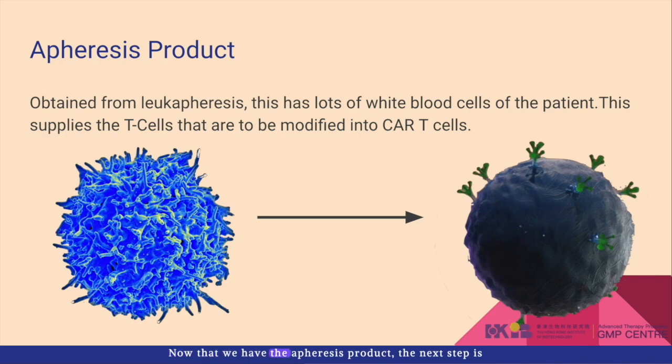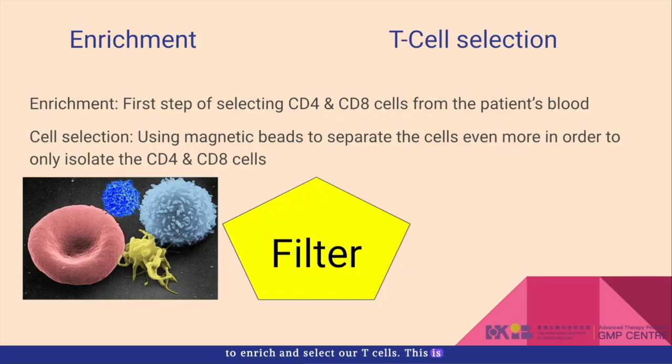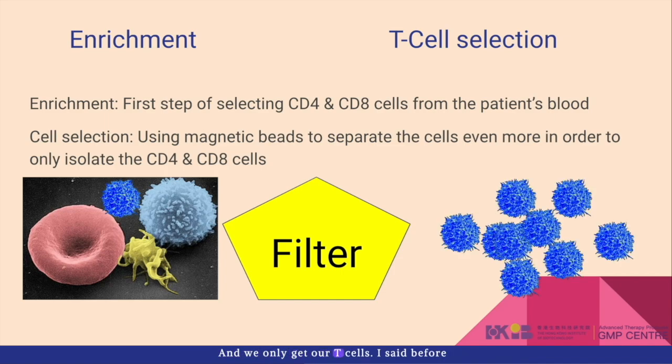Now that we have the apheresis product, the next step is to enrich and select our T cells. This is basically the step where we filter out all the cells that we don't want and we only get our T cells. As said before, in our bloodstream we have tons of red blood cells, platelets, and other white blood cells as well.